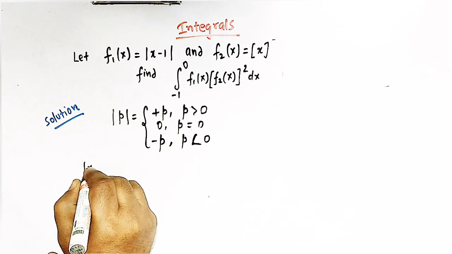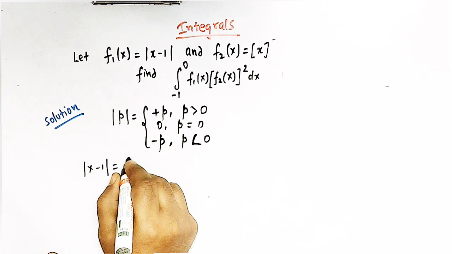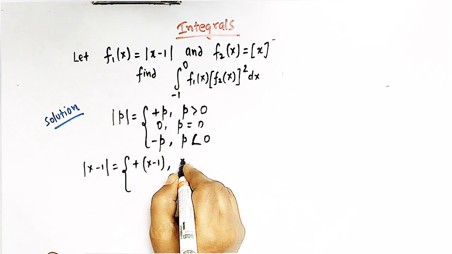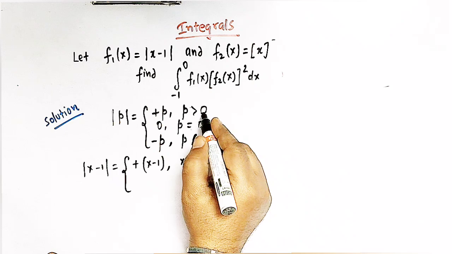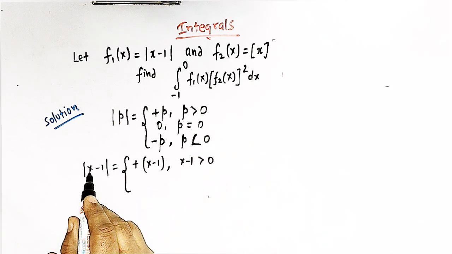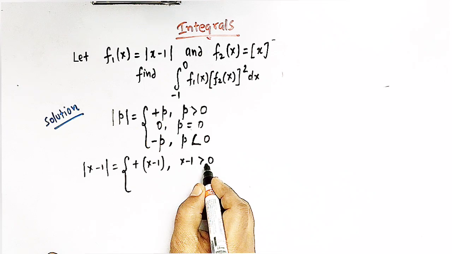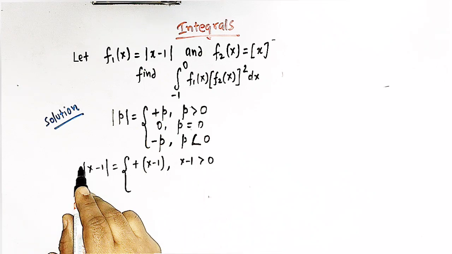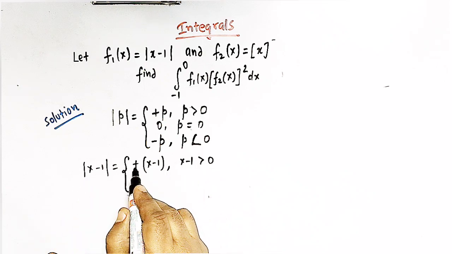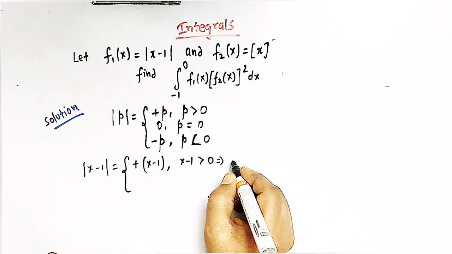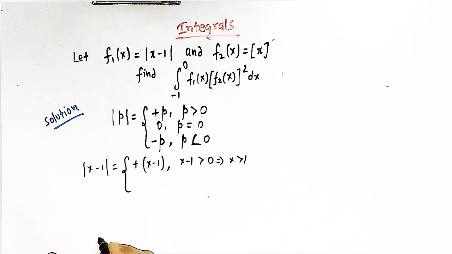So we have mod of x minus 1, so this is a positive x minus 1 whenever x minus 1 is greater than 0. So here p can be taken as x minus 1. So here x minus 1 is greater than 0, then mod of x minus 1 is positive x minus 1. So from this inequality we have x greater than 1, right?